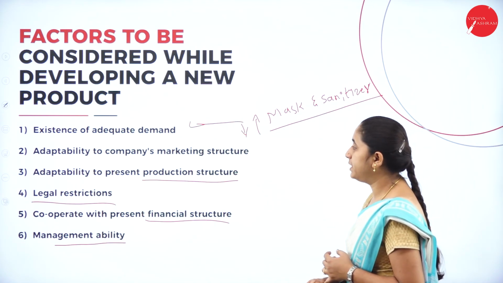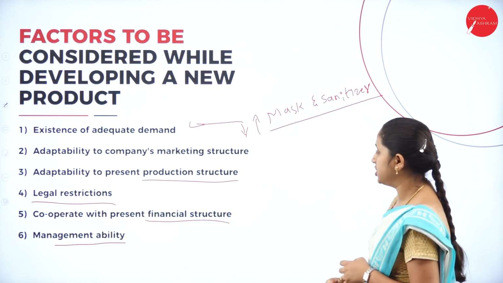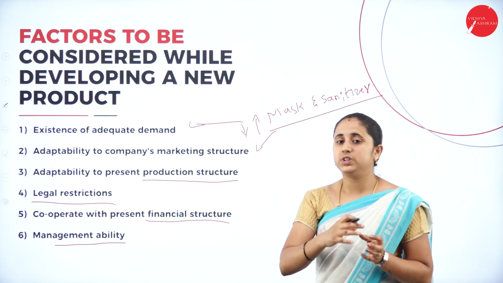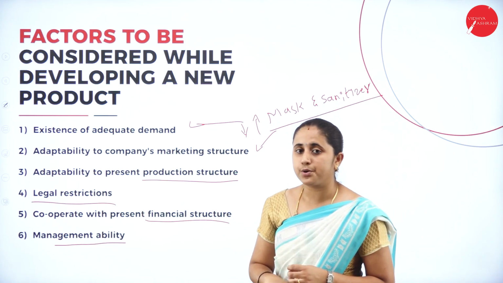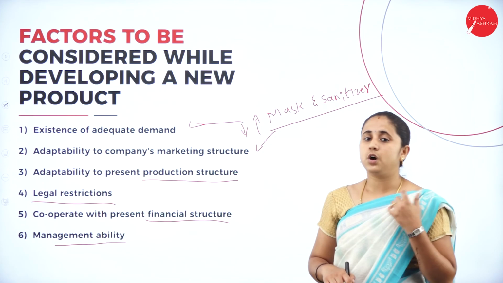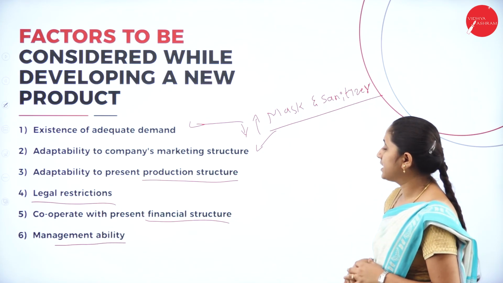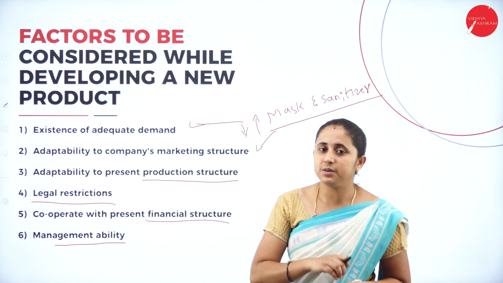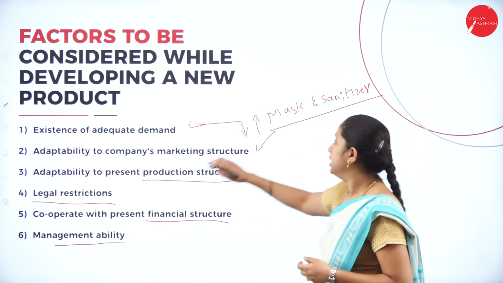Next, adaptability to company's marketing structure. The company can adopt the product with the current marketing structure or not. So you need to concentrate on the current marketing structure. Next, production structure. Your existing product differs from the new product.